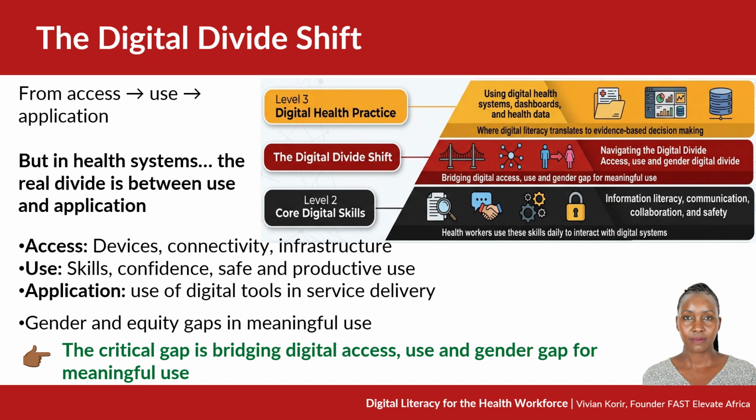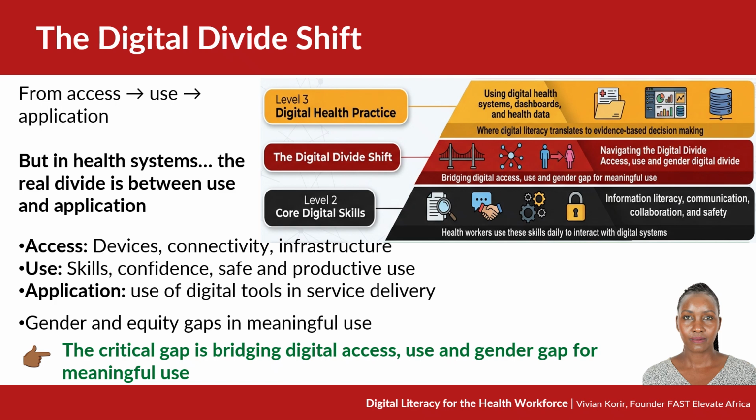Now that you've seen Level 3, we come to a critical insight. Traditionally, the digital divide is described in 3 stages: access, use, and application. Access refers to having devices, connectivity, and infrastructure.